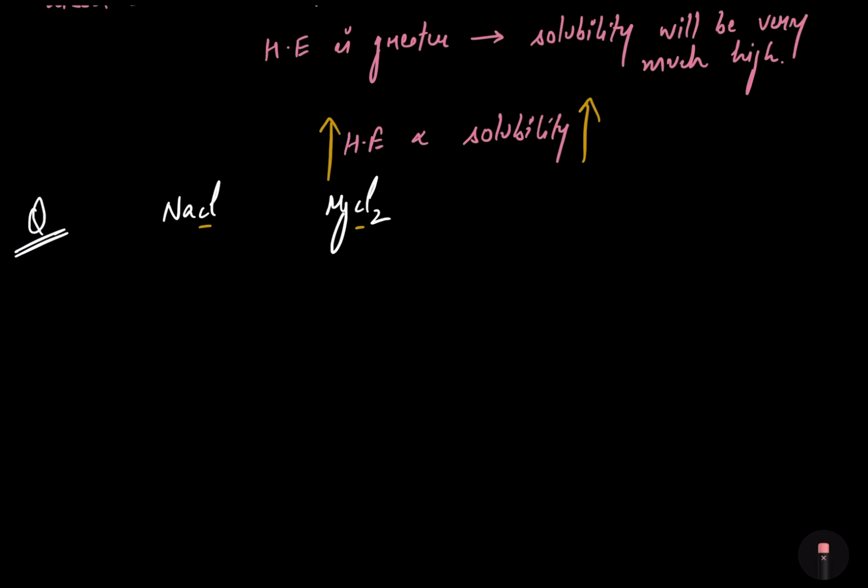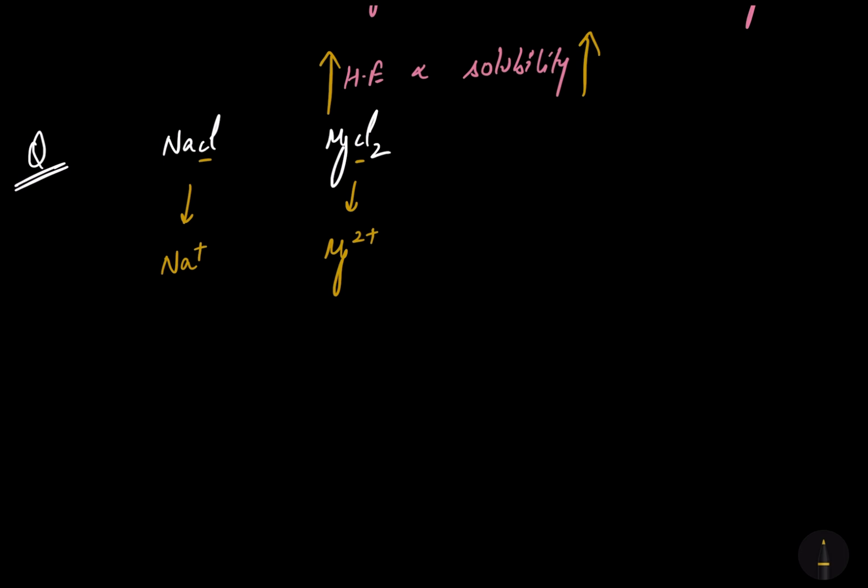Now let's focus on the cations. In NaCl we have the cation Na+, and in MgCl2 we have the cation Mg2+. Obviously, the charge of Mg2+ is greater than Na+, and on the other hand, the radius of Na+ will be greater than the radius of Mg2+.